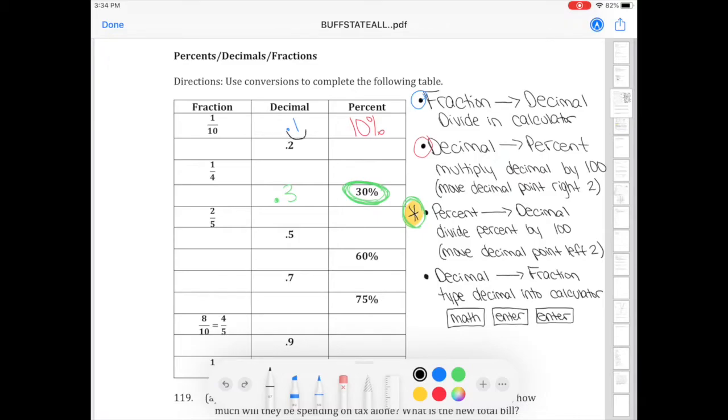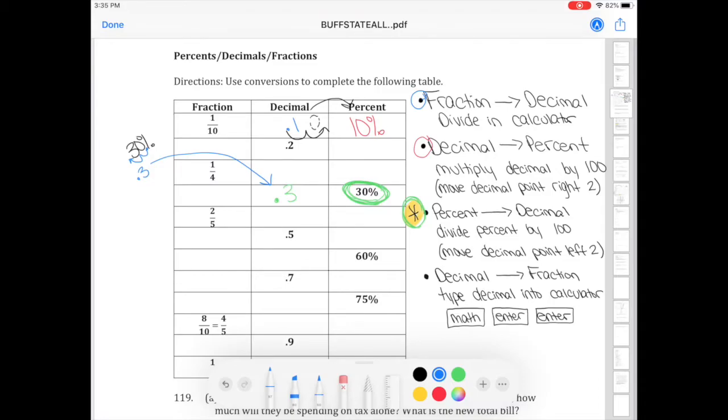So notice with this decimal, I could move it 1, 2 places to the right, fill in this blank with a 0, and you end up with 10%. Or if you go with the 30%, it has a decimal point at the end. Every number has an imaginary decimal point after it. If I move it 2 places to the left, I get 0.3, which is exactly what we have right here.